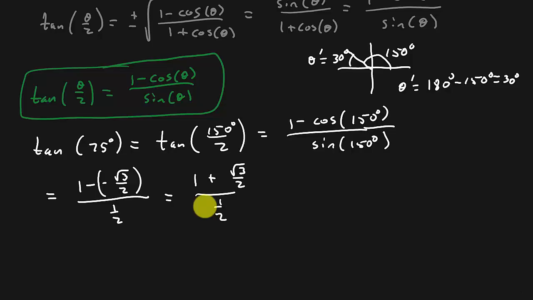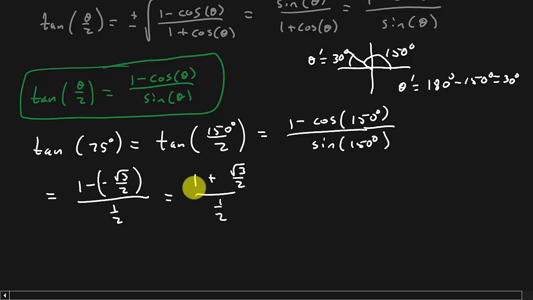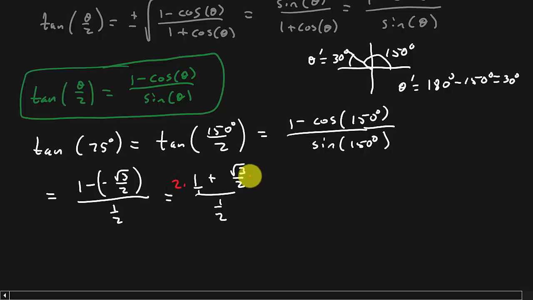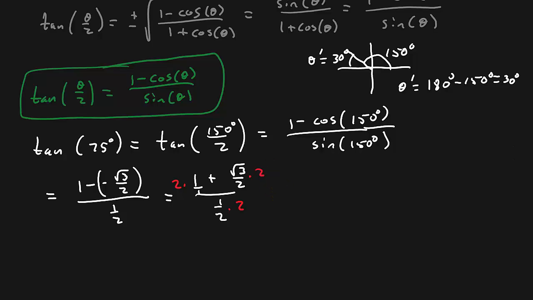Now, there's a couple of ways that you could simplify this. I'm going to just go with this one. Let's look at that as being 1 over 1. And what we're going to do is multiply each one of these by 2. So what do we get here?